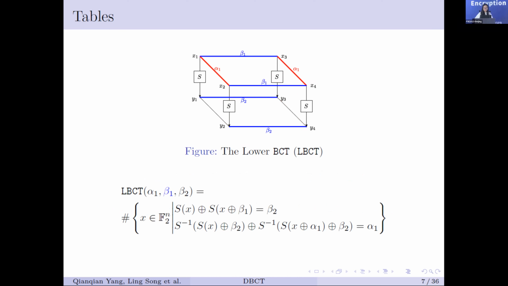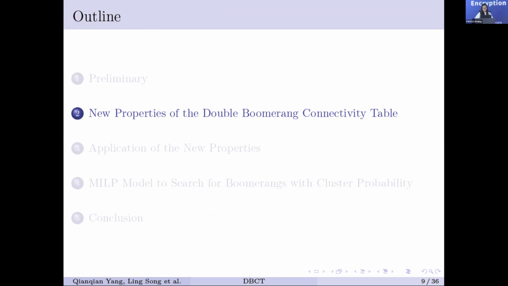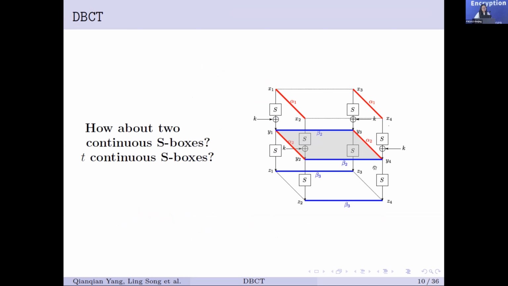Similarly, LBCT, the lower BCT, is the number of the quartets satisfying 3 conditions, where there is one more condition in the lower pass. EBCT is the extended BCT. It is the number of the quartets satisfying the 4 conditions. So all these tables are for one S box.